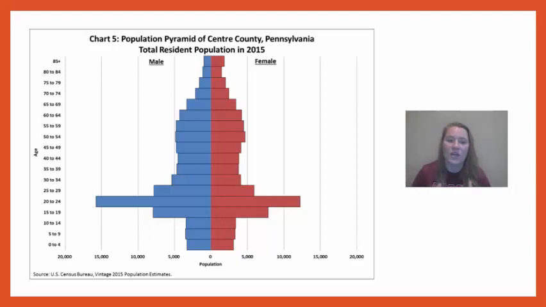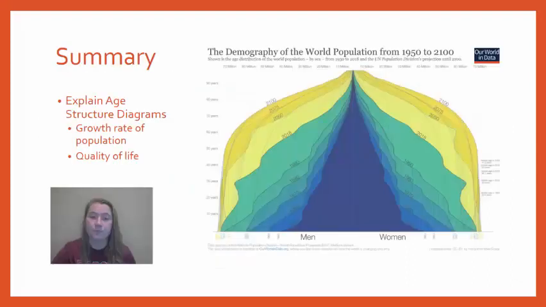But we don't see that here. It's really just this young age group. And if you do a little research into the county, you find that Pennsylvania State University is located in Centre County, Pennsylvania. So when we're looking at this population pyramid, we have this huge group of college students that accounts for this big bump in the population.